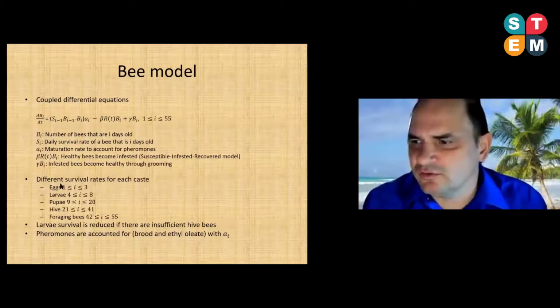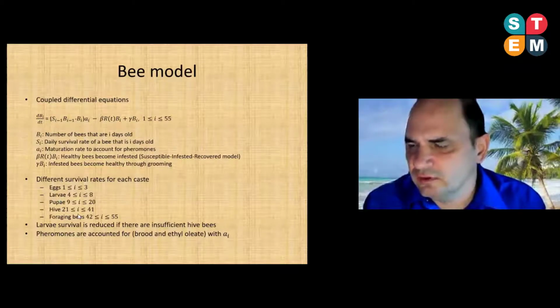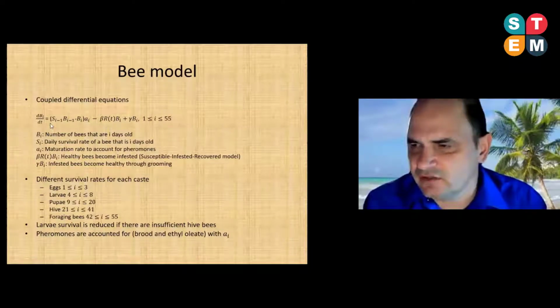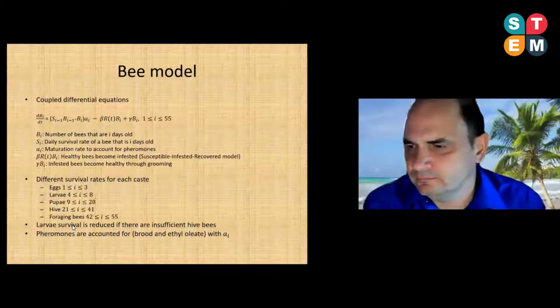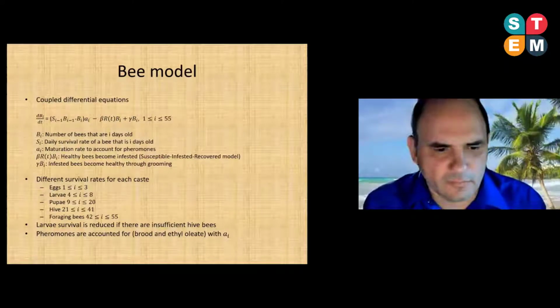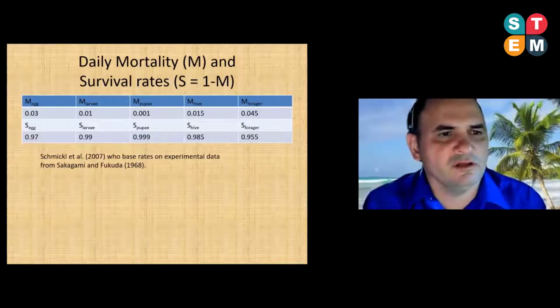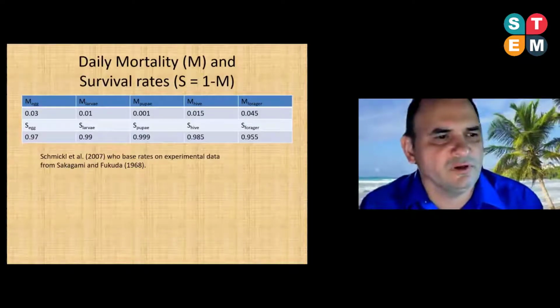And we can use different survival rates for each caste, for the eggs, the larvae, and so forth. The survival rate of larvae is reduced if there are insufficient hive bees. So we look at the ratio of the hive bees to the larvae, and that changes the survival rate. So here are some more mortality and survival rates we're using. These are daily ones.